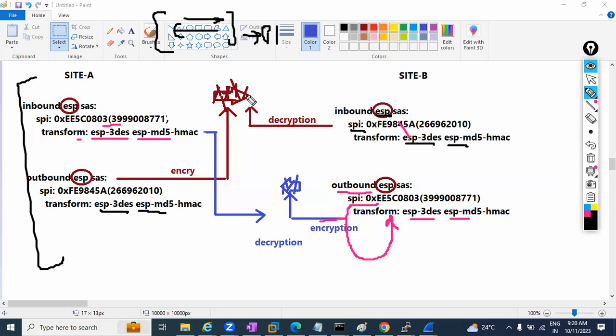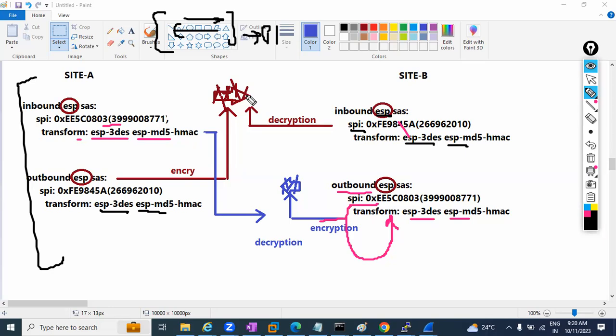They have their own SPI because this SPI is going to help AH and ESP to encrypt, to decrypt, and for authentication. Actually not authentication, that would help with integrity, which is about hashing.